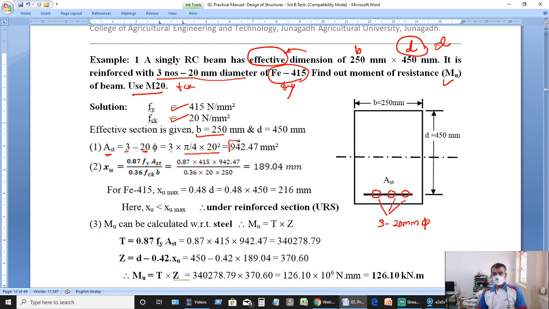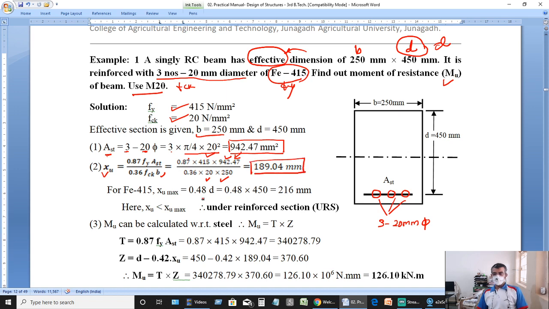So the total area of steel is 942.47 mm square. Then, according to the steps of the analysis, you find out the XU, 0.87 Fy AST upon 0.36 FCK into B. Put in the values: 415, that is the grade of steel, AST that you derived, then the grade of concrete is 20 and the width is 250. So you will get this XU.